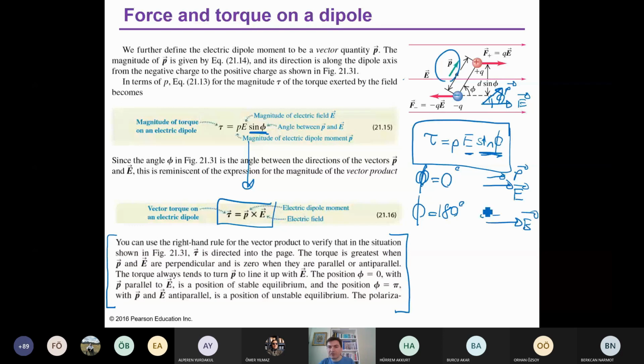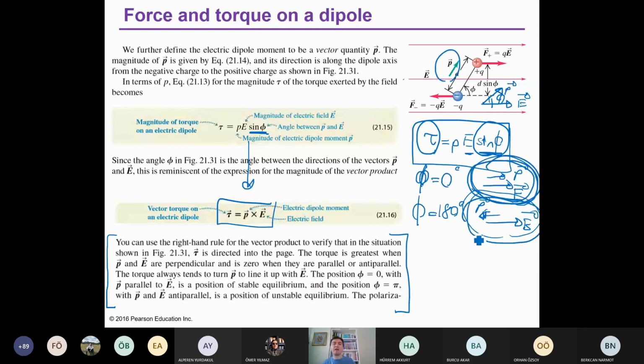Okay, they are opposite to each other. You can also consider other conditions. Okay, so if you put 0 here in the sine phi, or if you put 180 degrees here, then the torque will be 0, right? In those conditions, torque will be 0 and there will be equilibrium. But this condition is stable equilibrium and this condition is unstable equilibrium.